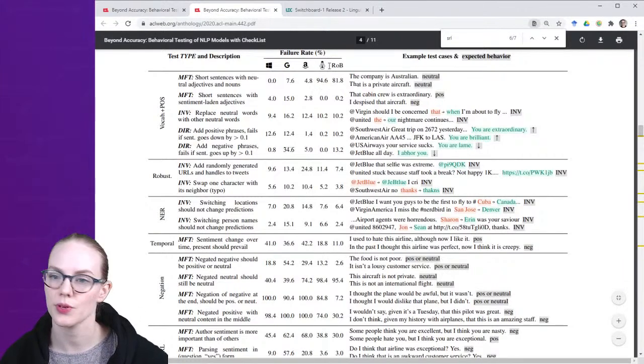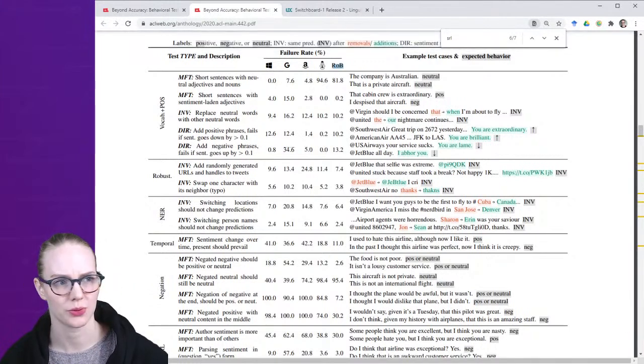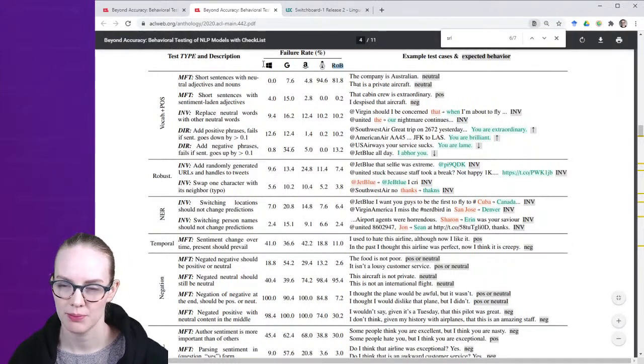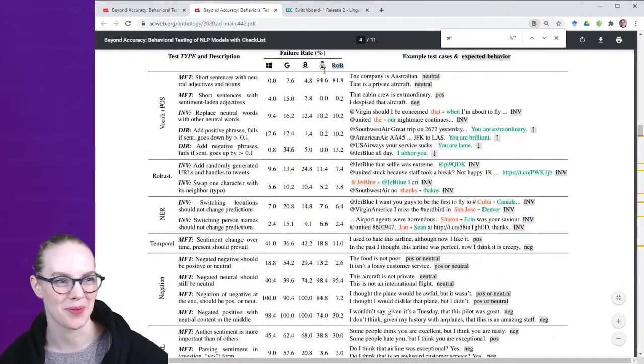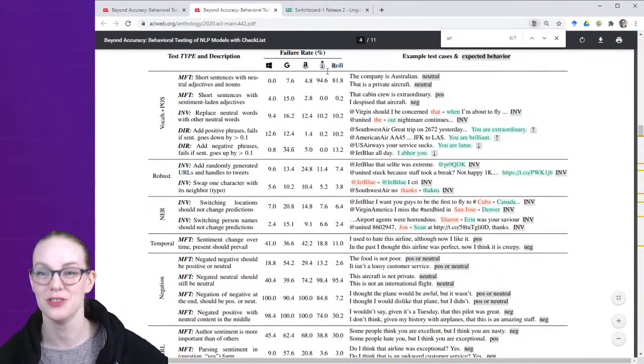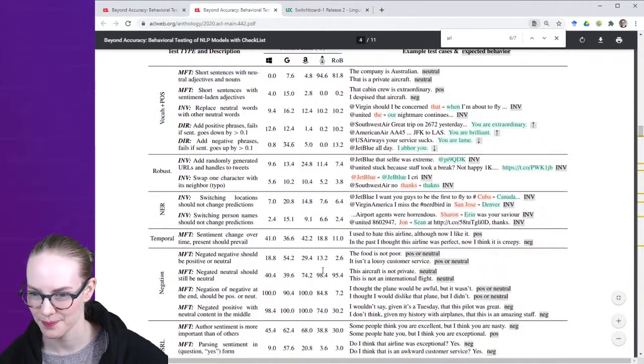So BERT is open source, and then RoBERTa is a smaller version of BERT that is also open source. And I don't remember what institution those authors were from. It might also be a Google model. Don't quote me on that. So, black box, as much as transformer models are not black boxes, you can see the code for BERT and RoBERTa.